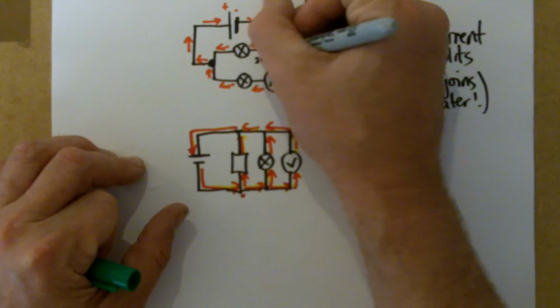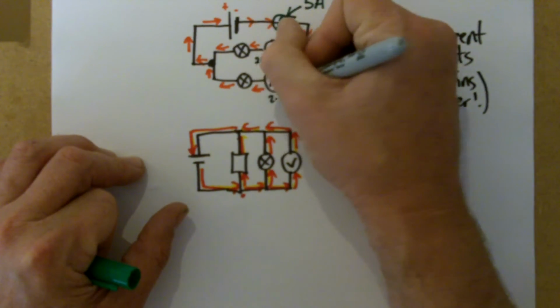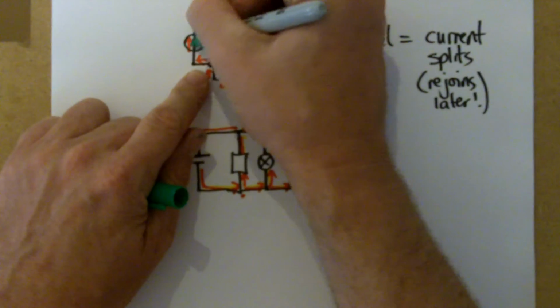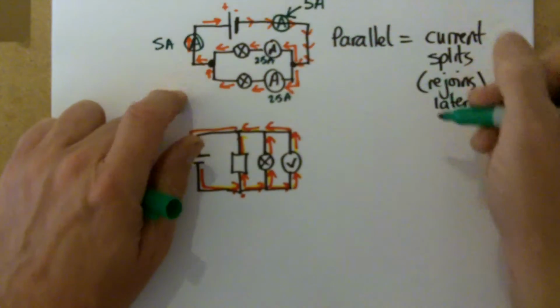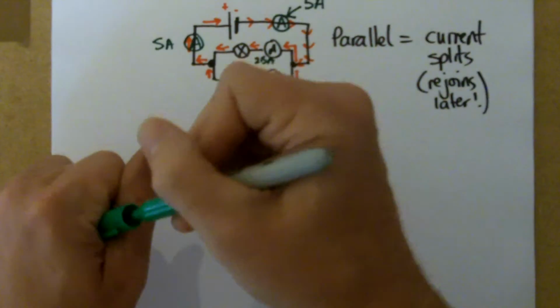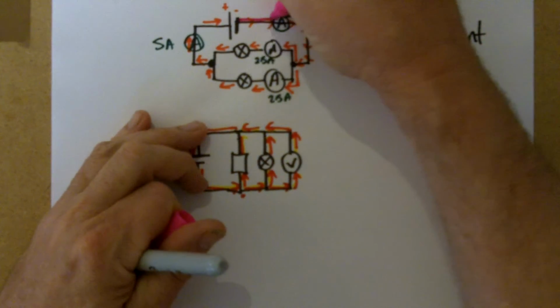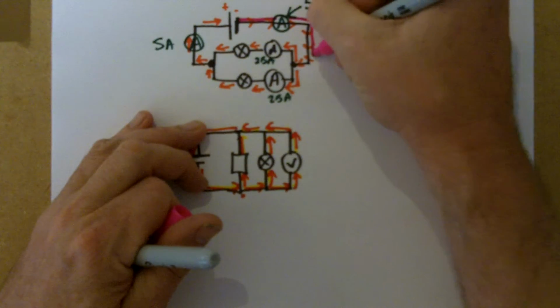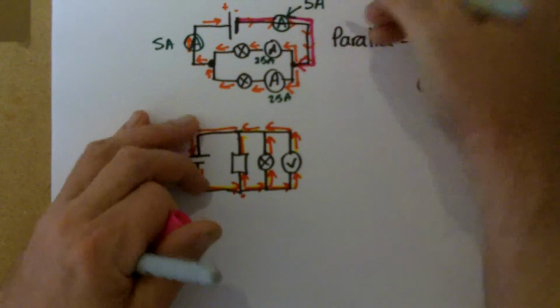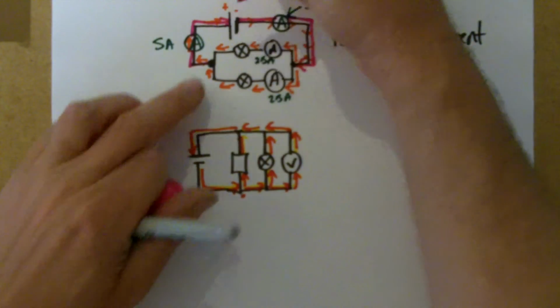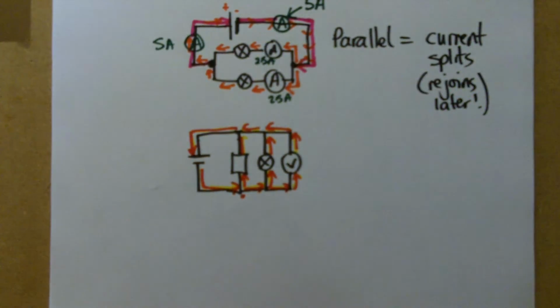So I'd get 2.5 amps and 2.5 amps in each branch before it goes back together again and becomes 5 amps again. So you can think of this idea of having the main circuit current. So this is the main circuit, which is bigger, and then when it gets to here, it splits up into two smaller parts, and when it comes back together again, it's a bigger current.